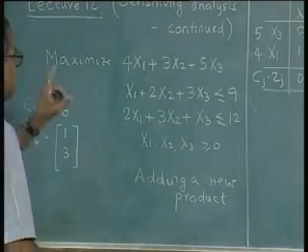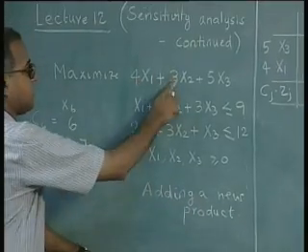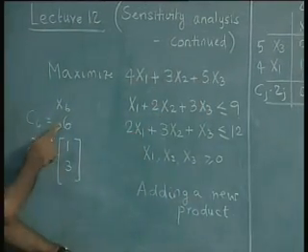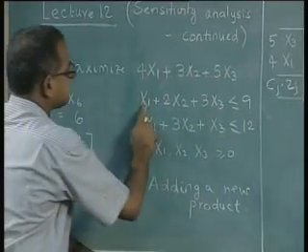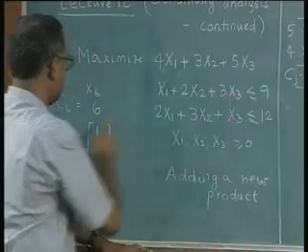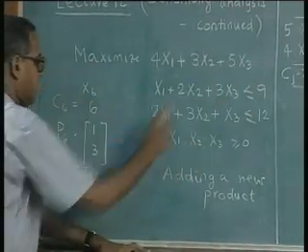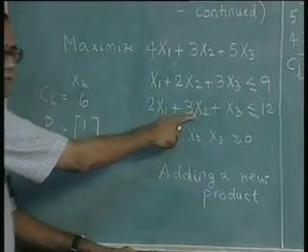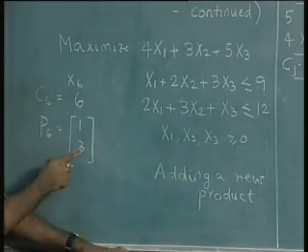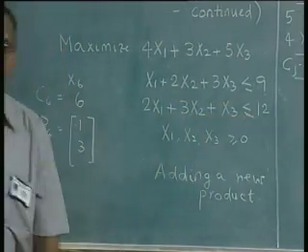Now the problem becomes maximize 4x1 plus 3x2 plus 5x3 plus 6x6 subject to x1 plus 2x2 plus 3x3 plus x6 less than or equal to 9, 2x1 plus 3x2 plus x3 plus 3x6 less than or equal to 12.